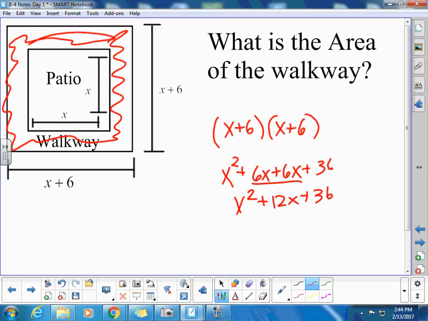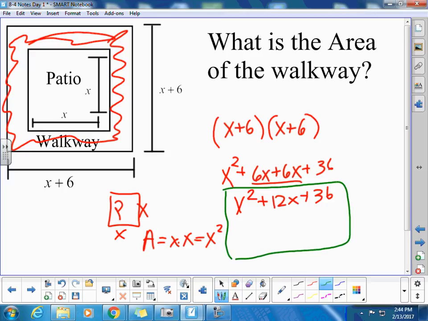So this is the patio, which is just x by x, so the area of that is just x times x, which is x squared, and I have to subtract that away. So from my area here, I have to subtract out x squared. So I'm left with 12x plus 36 as the area for my walkway.